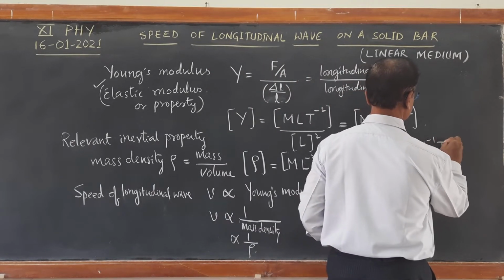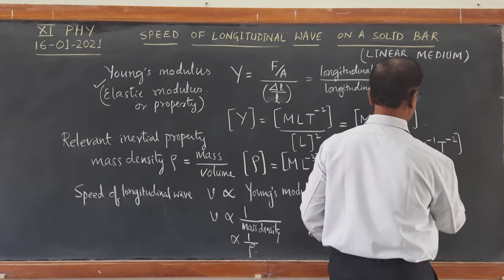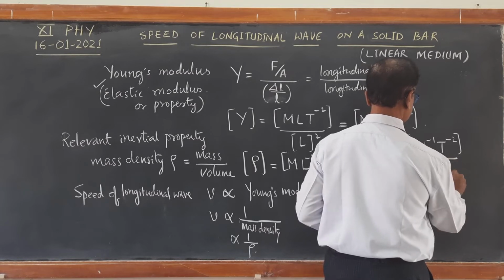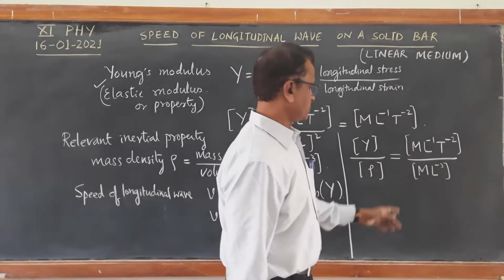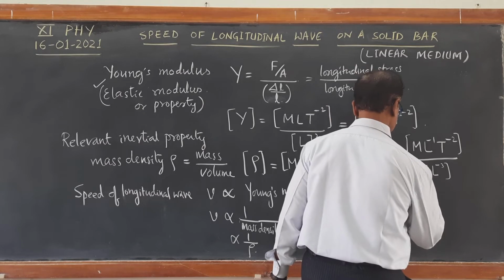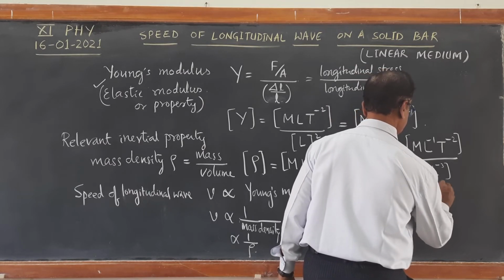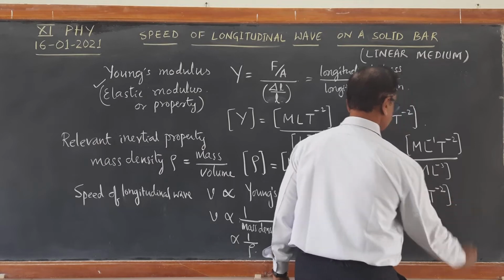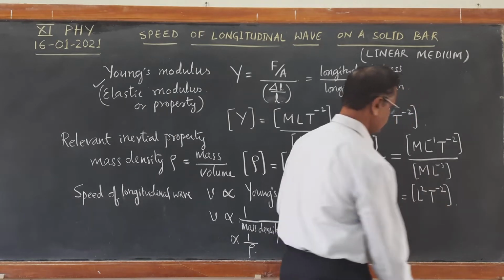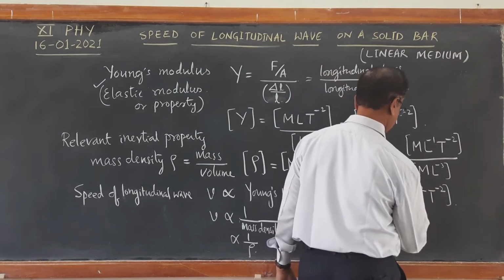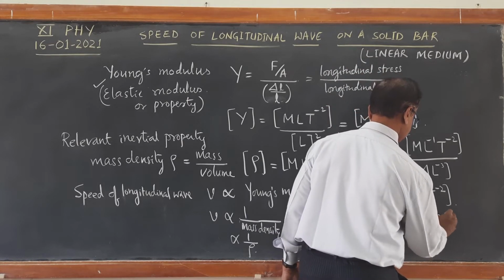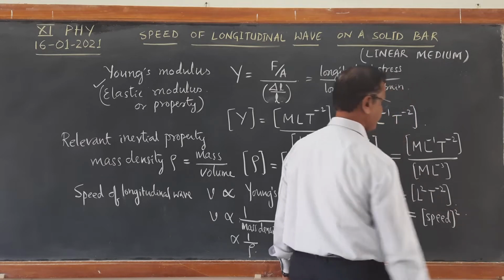it comes out to be M L raised to -1 T raised to -2, whole divided by M L raised to -3. If you take the numerator, the dimension of mass cancels, so you are left with L raised to 2 and T raised to -2. So thus we can say that this is the dimension of velocity squared, or the dimension of speed squared.